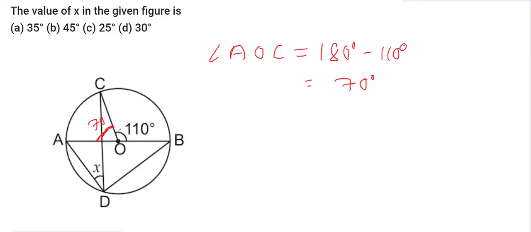Now you can see that this angle is subtended by this arc AC. This arc AC is subtending an angle at the center whose value is 70 degrees.